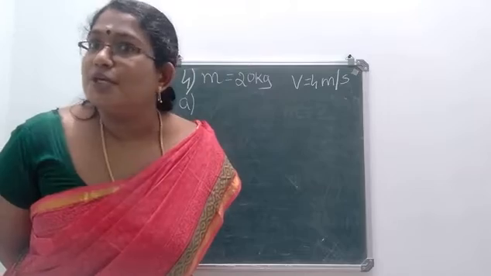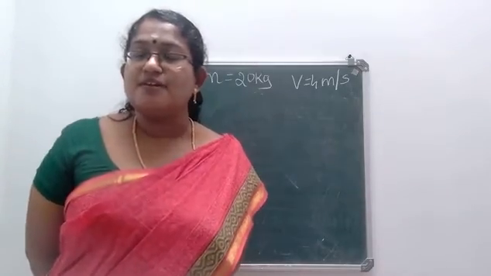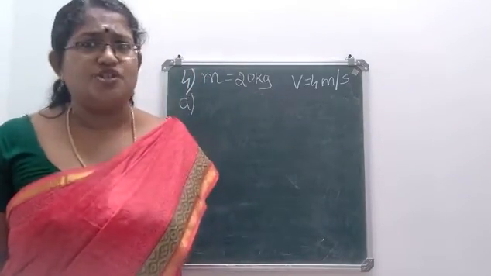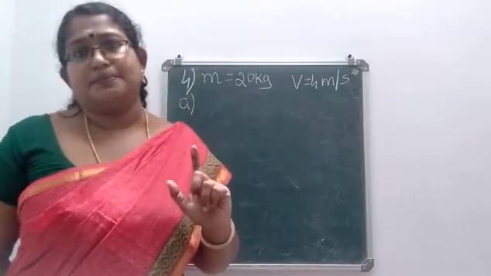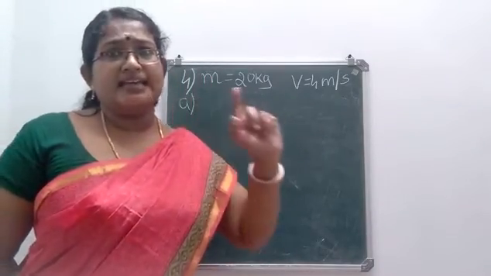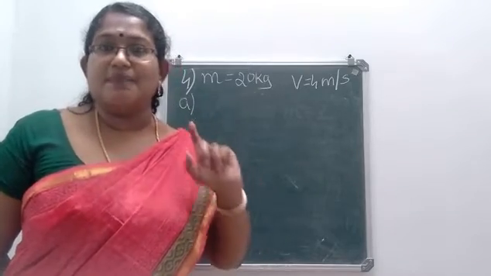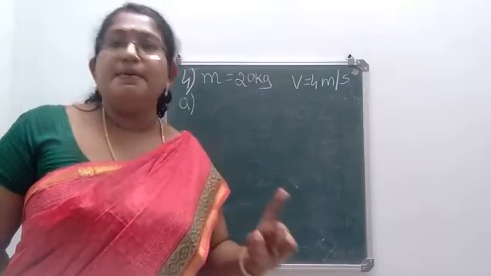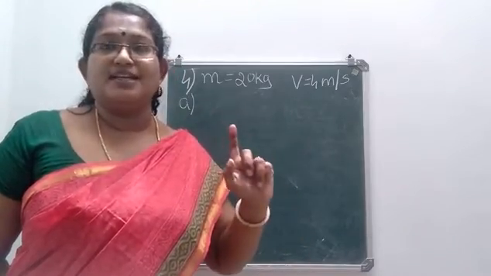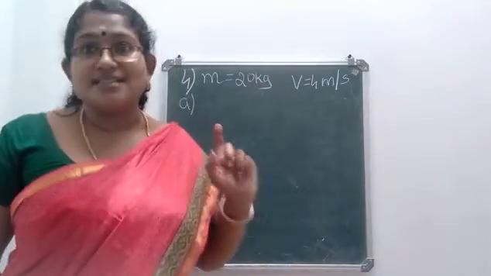For that, we will be using the example which we learned for law of conservation of energy. So I told you to keep one point in your mind. What was that? Kinetic energy possessed by a body near the Earth's surface will be equal to the potential energy at maximum height, isn't it?